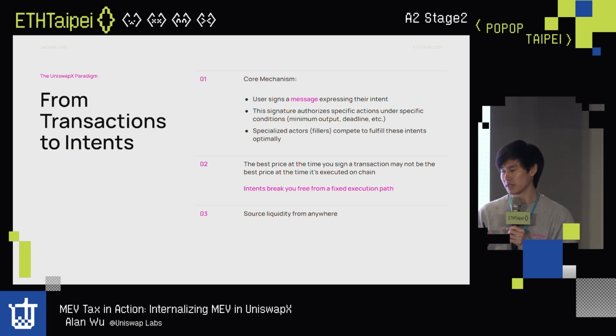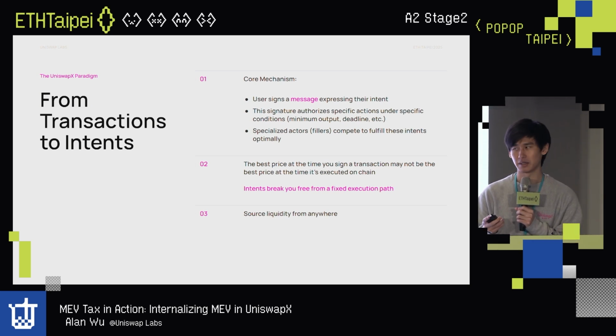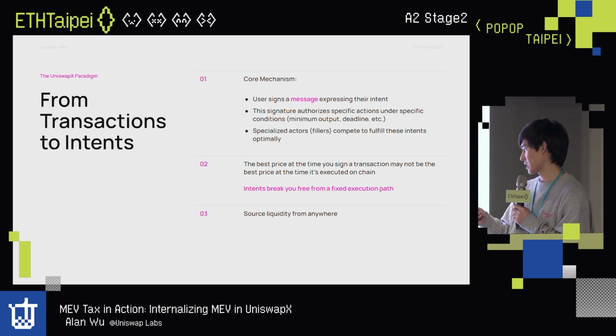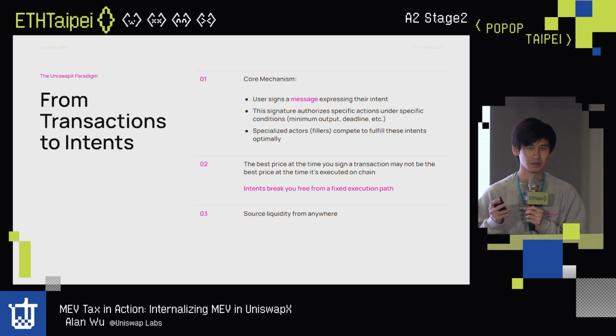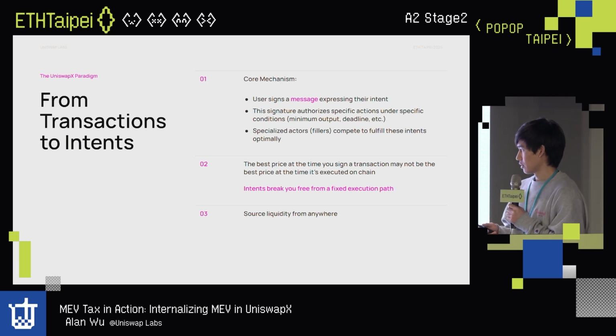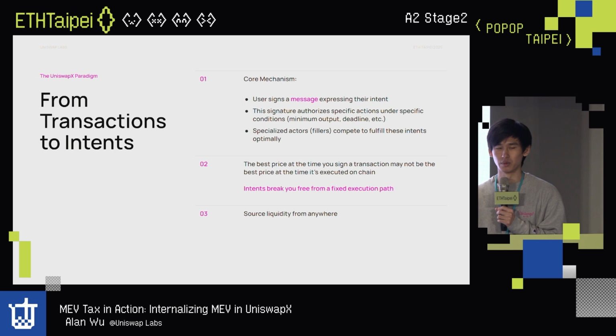And the very powerful unlock that we have is that this intent pattern breaks you free from a fixed execution path. So the consequence of that is that all sources of liquidity can be used to fill these trades. For on-chain liquidity, you're not limited to just Uniswap pools anymore.